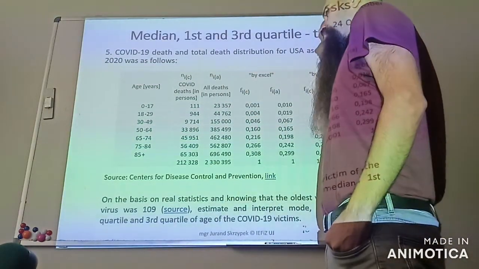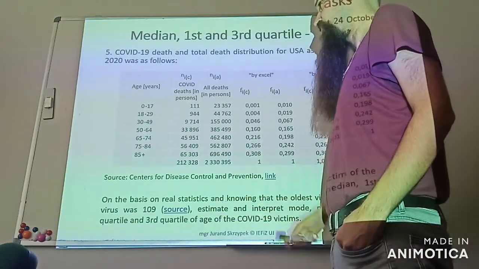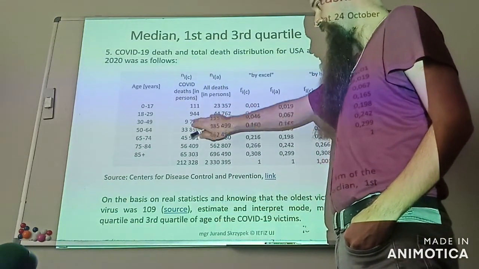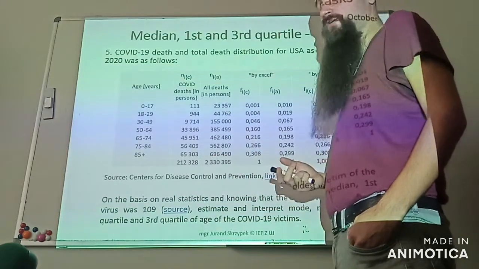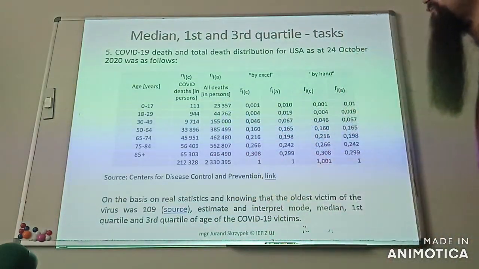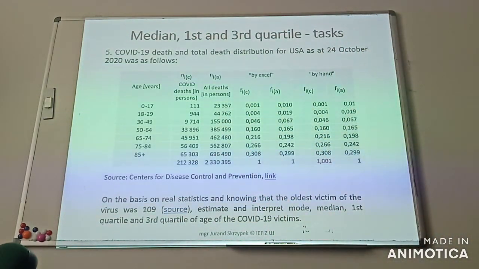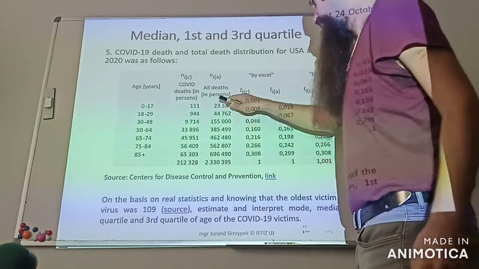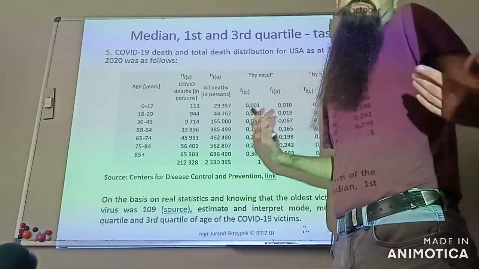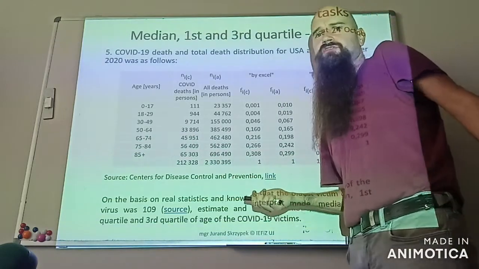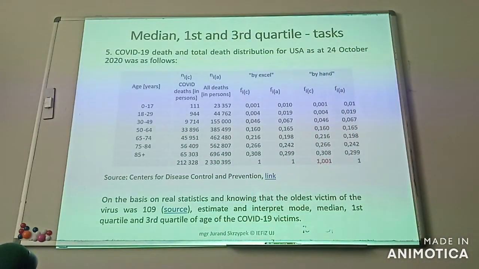Here we have the number of persons who died due to COVID in the US from the beginning of the year. And here we have the distribution of all deaths in persons from the beginning of the year, all deaths due to different reasons, various diseases.